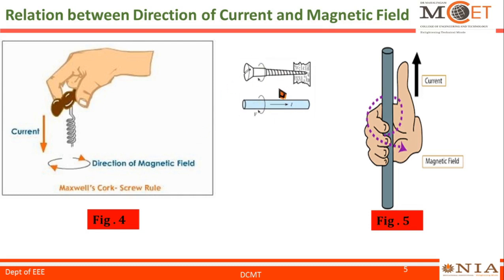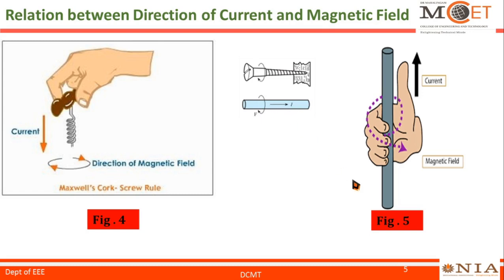The corkscrew is placed alongside the conductor carrying the current I. In order to move the screw in the same direction as that of the current, it has to be turned clockwise. This indicates the direction of the magnetic field from the same side. That is, I am referring to the left hand side. The direction of the current is from left to right, indicated by this arrow.